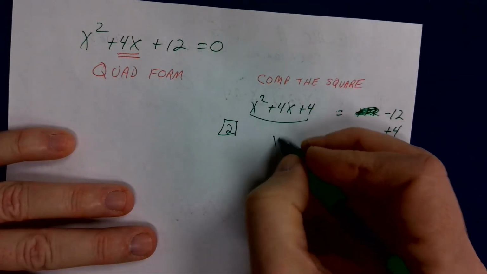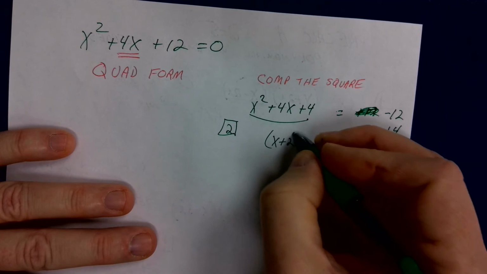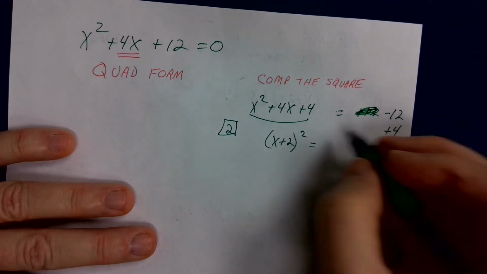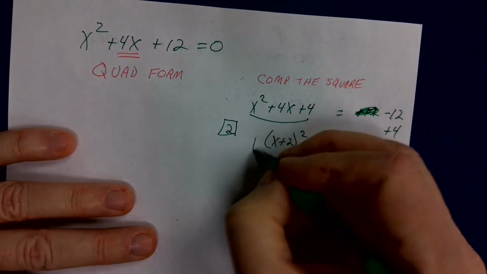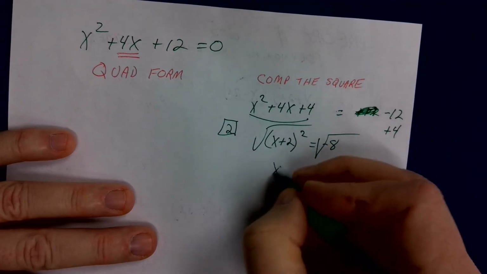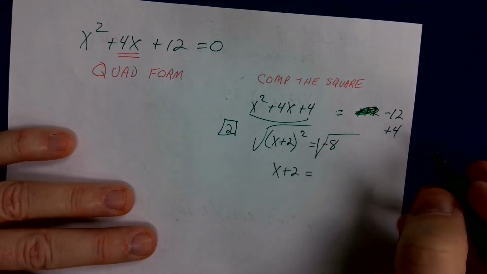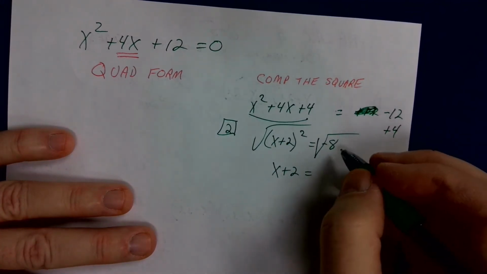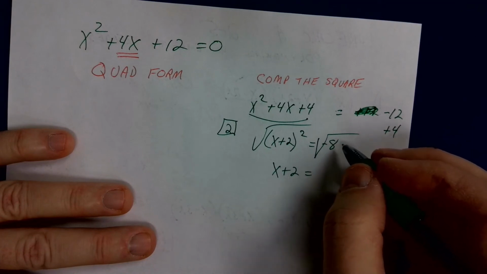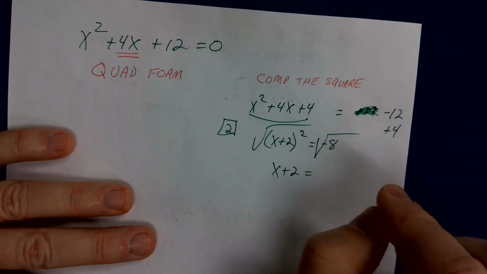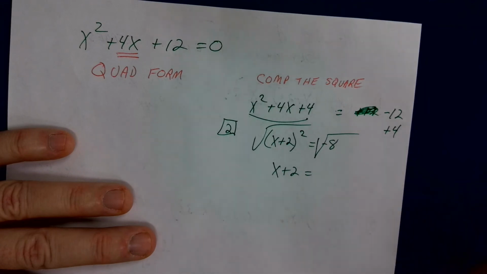This now factors into x with what's in the box, squared equals -8. Root it, x plus 2 equals. Now, there's a lot going on here, but 8 is actually 2 times the square root of 2 if I simplify radical form. There's a negative underneath, so that means an i.